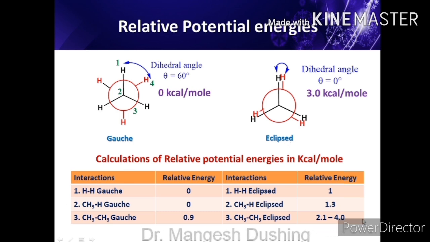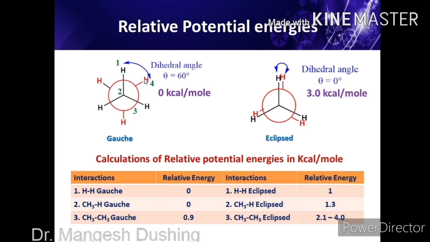Then these are the formulas for calculation of the relative potential energies in kilocalorie per mole. If hydrogen gauche, if these two atoms are hydrogens making an angle of 60, then energy is 0.